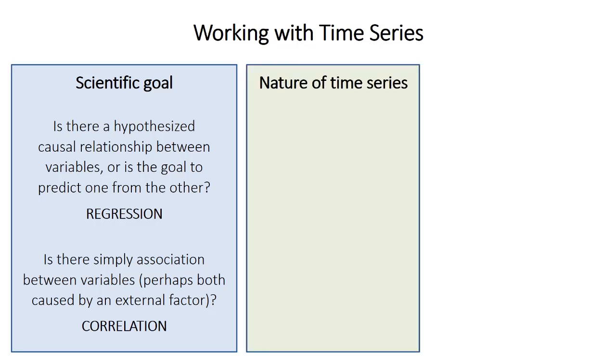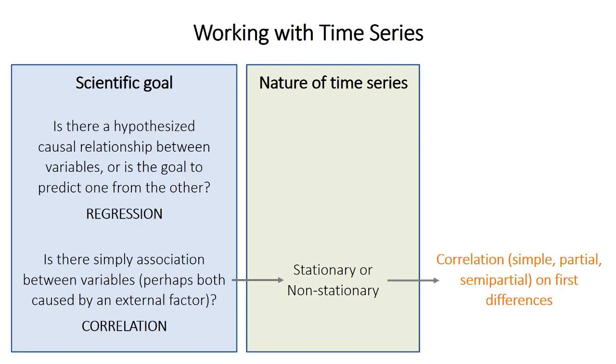Next, let's consider the nature of the time series. For correlation tests, regardless of whether the time series is stationary or non-stationary, we want to perform the correlation on the first differences rather than on the raw data. You can do simple correlation, partial correlation, or semi-partial correlation with the difference data.